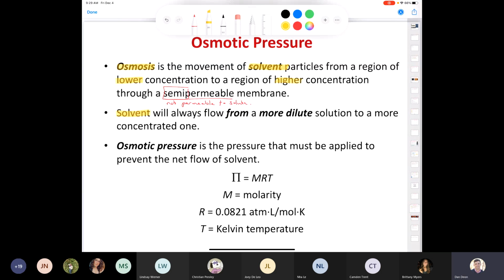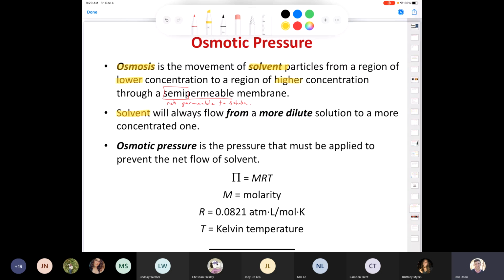Is that the solvent is going to have to go from the less concentrated to the more concentrated to try and dilute it, right? If solvent went from the more concentrated to the less concentrated, that would just make the more concentrated one even more concentrated. So that's completely the opposite of what osmosis is.